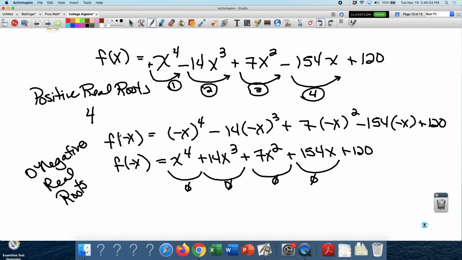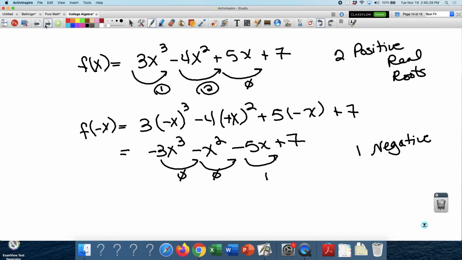Right here, I could have 4, I could have 2, or I could have none. So just keep in mind that you're going to subtract by 2. You could have 4 positive reals. You could have 2 positive reals and 2 irrationals, or you could have no positive reals and all 4 irrational. So you can have 4, 2, or 0. Of course, when there's none, you leave it like that.